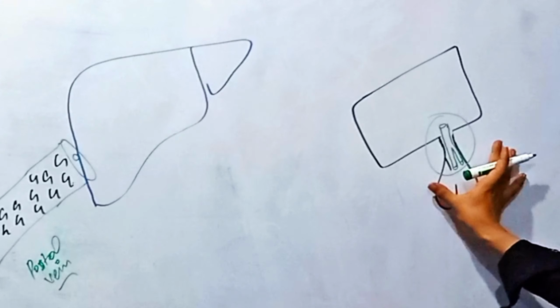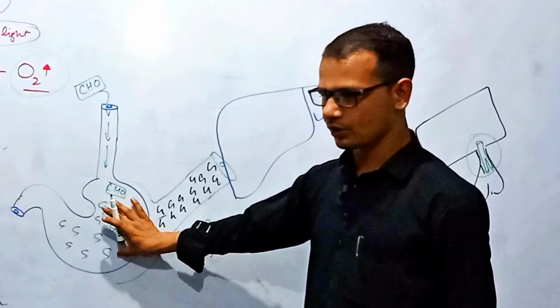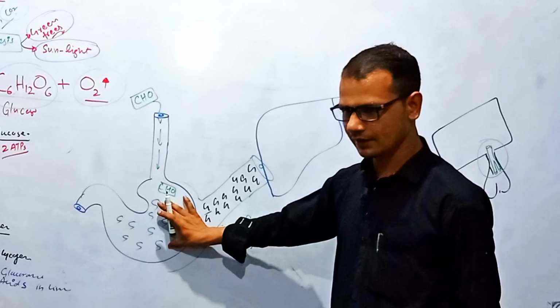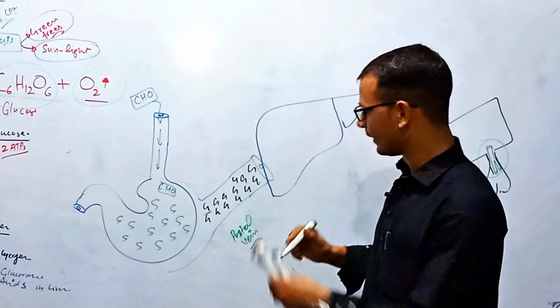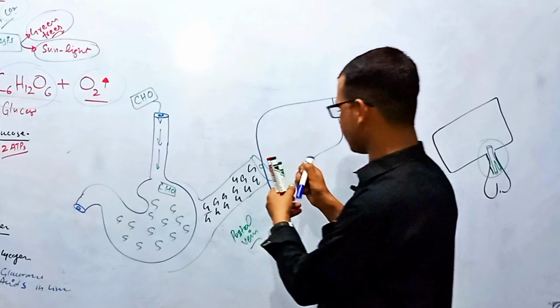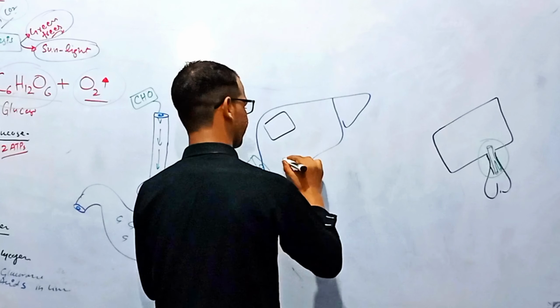So one is the hypophyseal portal system and one is the hepatic portal system. All the glucose is received by the liver through the portal vein. Now here we have very special types of cells which are called hepatocytes.